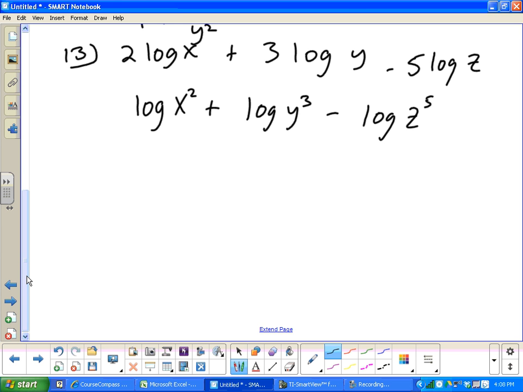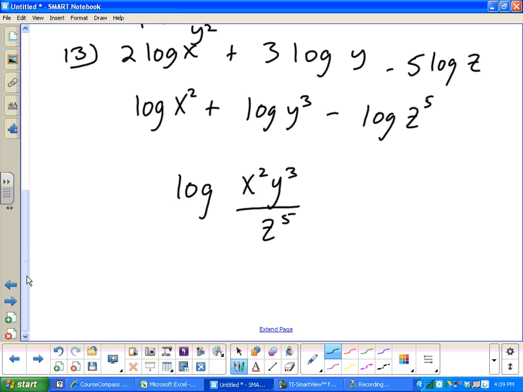So with product and quotient, that's multiplication and division. And when I do multiplication and division, I do left to right, or what comes first. So I'm going to do the multiplication first there. So this would be the log of x squared times y cubed. Now I'm going to do the division. So that would be divided by here, and then z to the 5th.